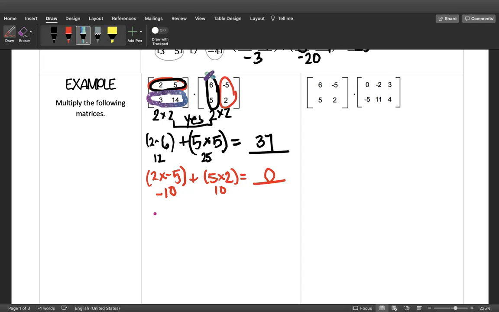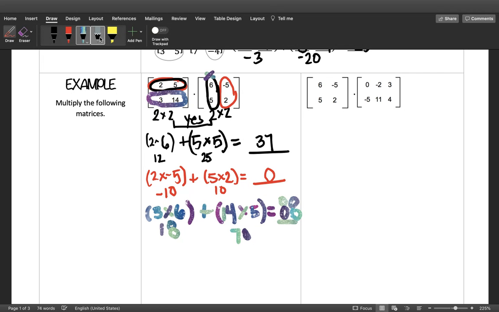So when I do that, it would be 3 times 6 plus 14 times 5. So 3 times 6 gives me 18. 14 times 5 will give me 70. Add those two together, I would get 88.